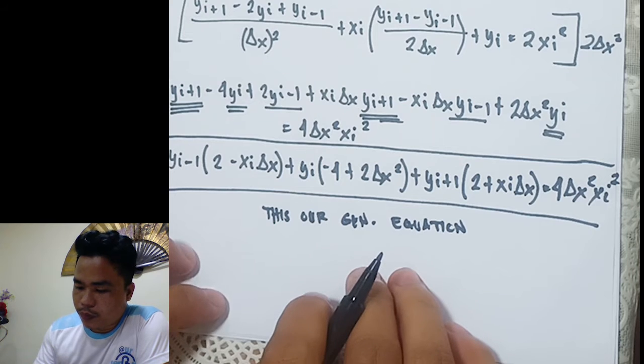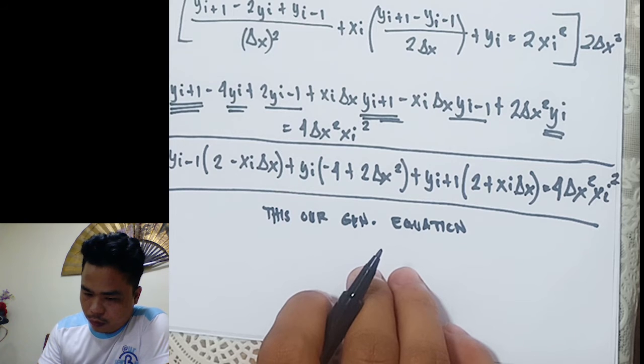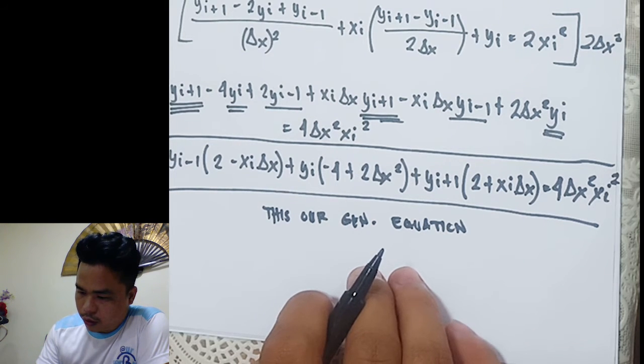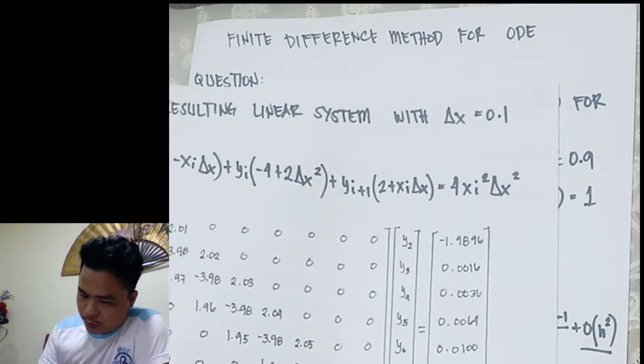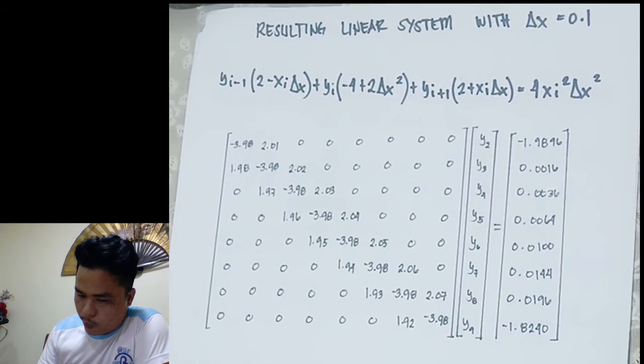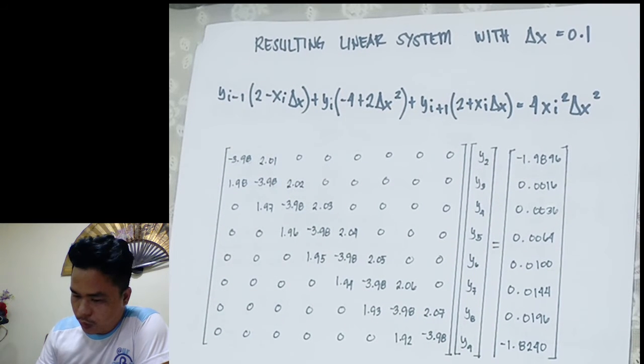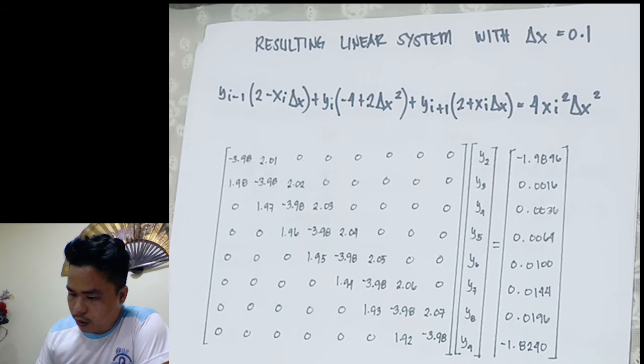And we write in a matrix form for all of our general equation, and we have the resulting linear system with delta x is equal to 0.1.